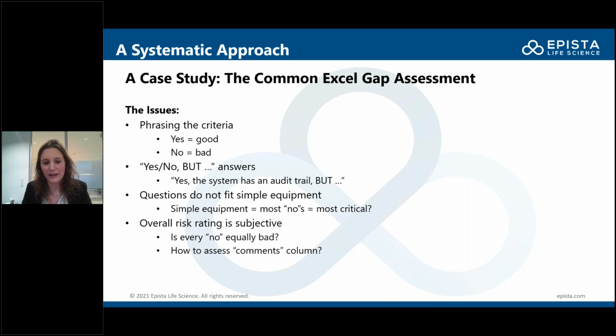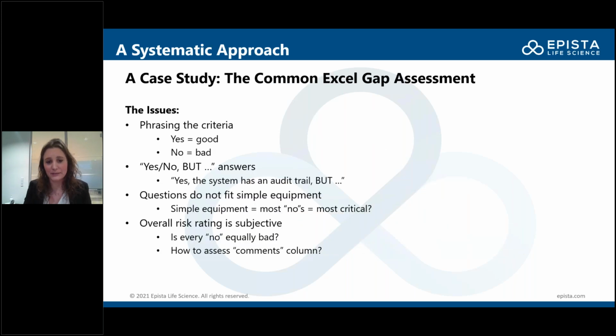Or are the no's in fact not equally bad? Or is it sometimes that I might have a no here, but if I have another no or yes in another column, maybe that compensates and it's not that bad in the end? So how do you rate those different no's and yes's? And how do you assess the comments column?